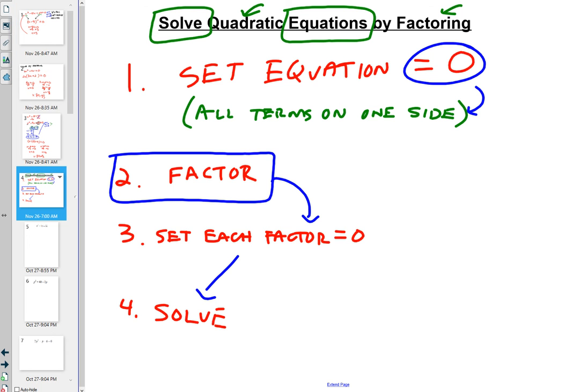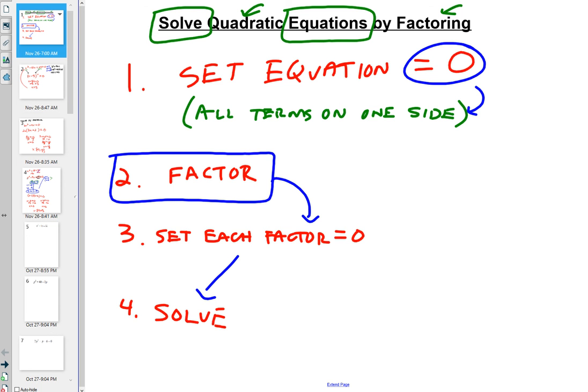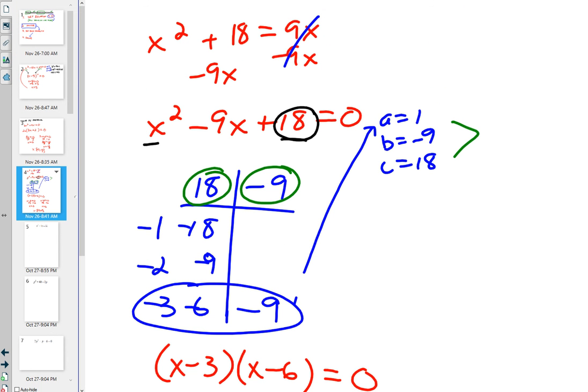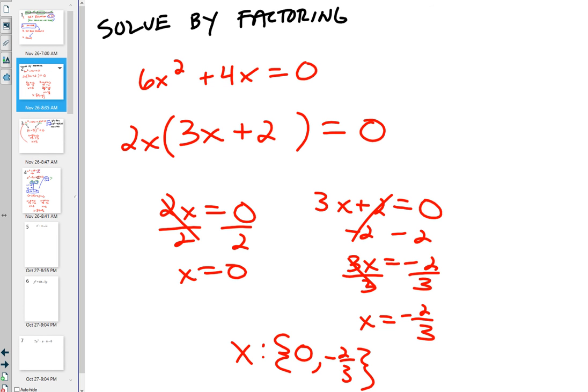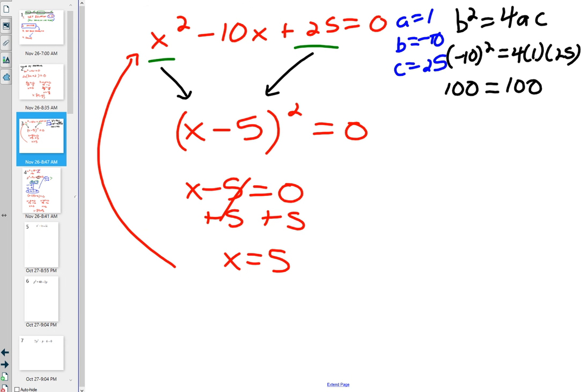But if you need mathematical proof that the square cancels, okay. Take the square root of each side. What does a square root do to a square? It cancels it. What's the square root of 0? Still 0. So you don't need the square.